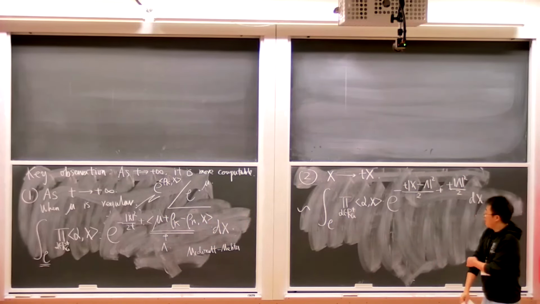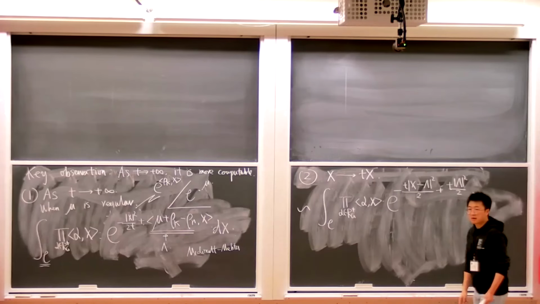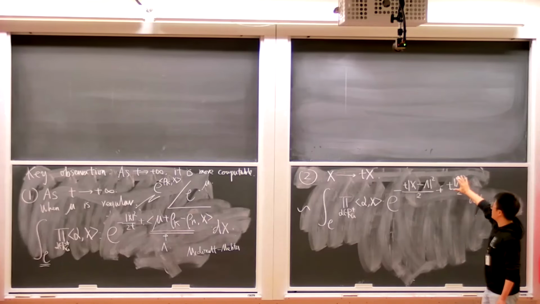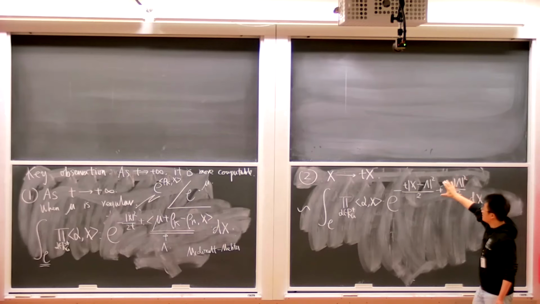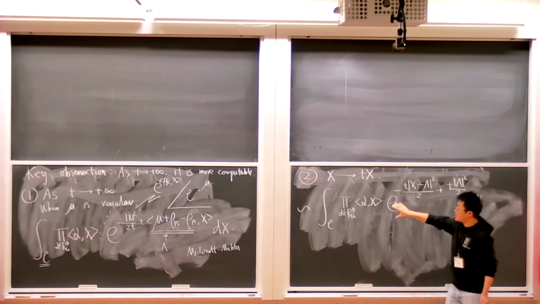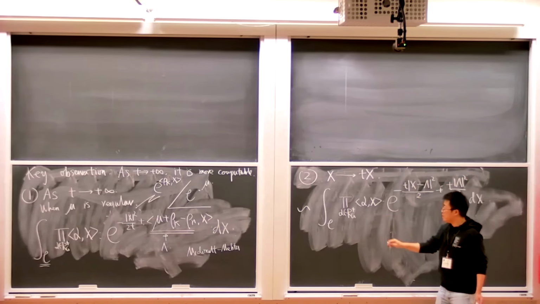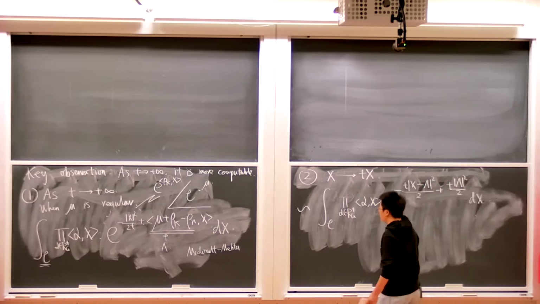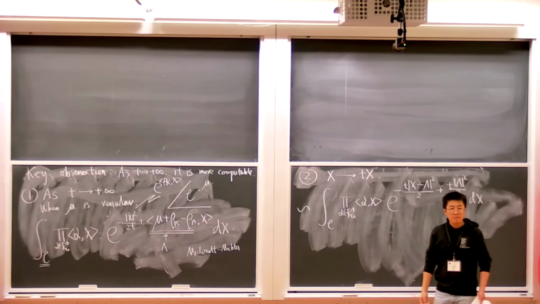But why is this helpful to us? Because this is a term independent of x. This is the Gaussian term like this one, and this is the polynomial term. So in the regular case, now I can tell you what I mean by regular.